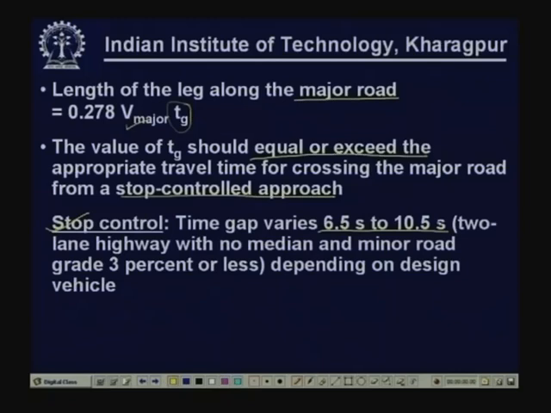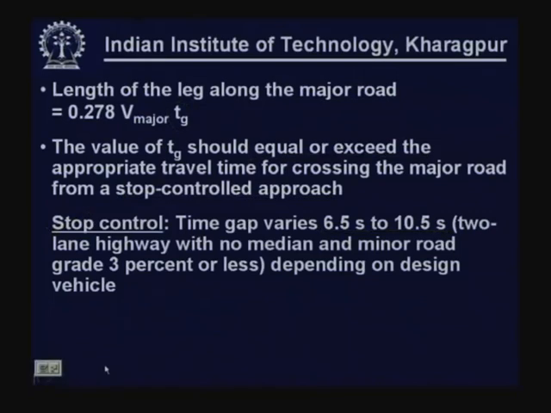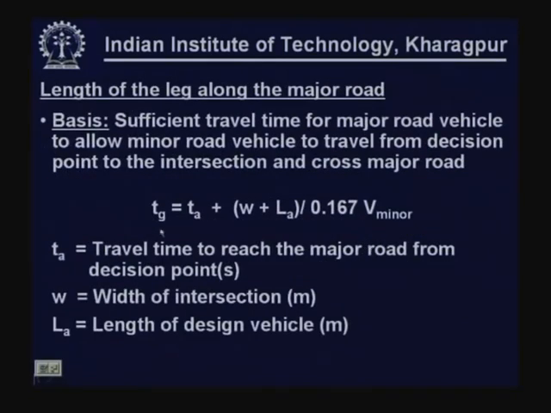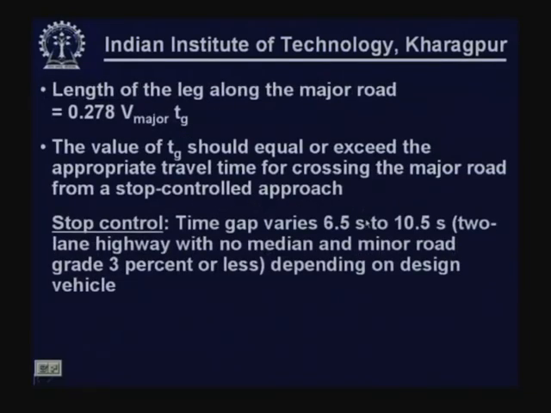So, when we are calculating Tg using the earlier formula, then if the calculated value becomes lesser than this time gap, say for car it is 6.5, then we must take the value recommended for stop control approach.